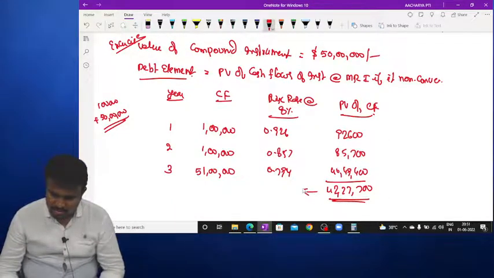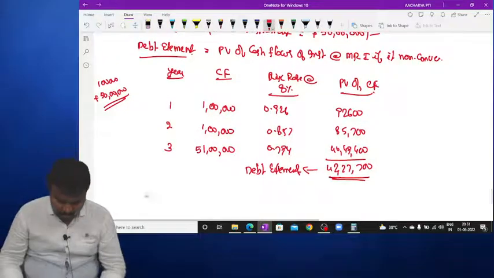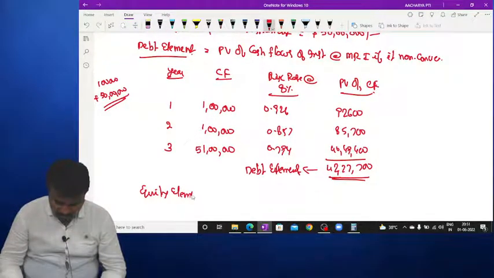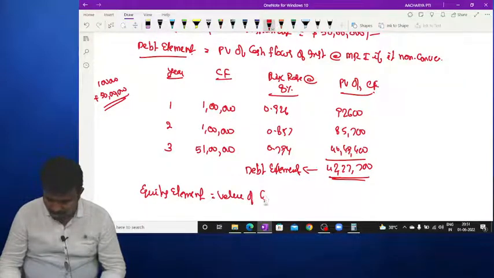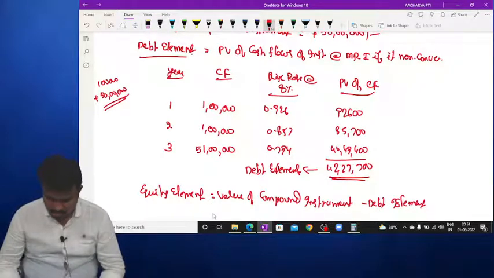So this is the debt element. Then what is the equity element? Equity element is equal to value of compound instrument minus debt element.